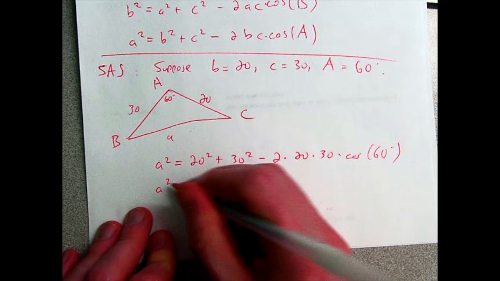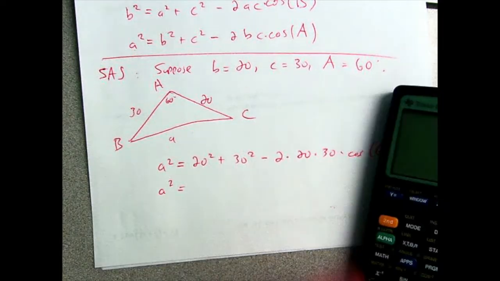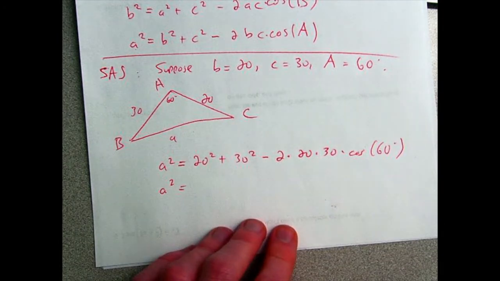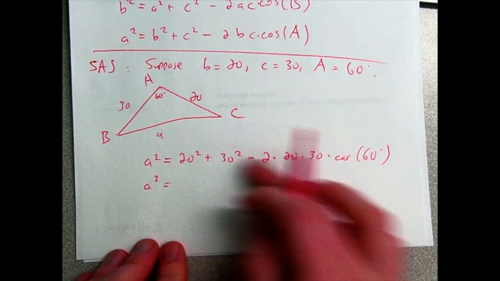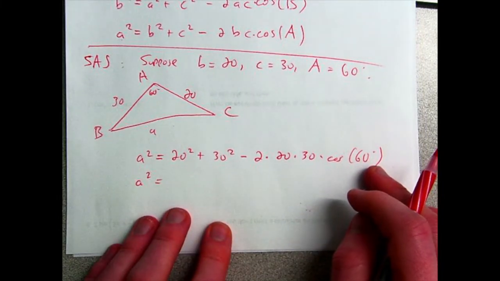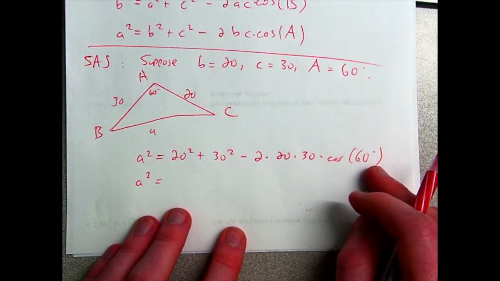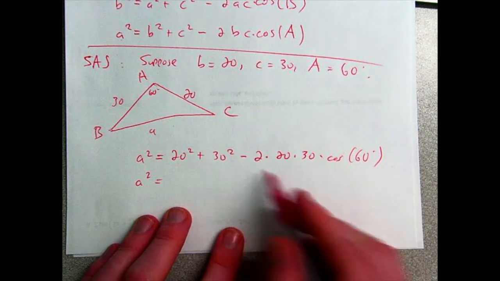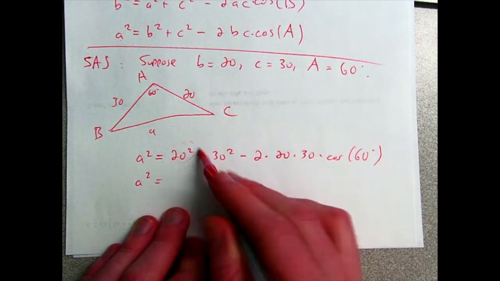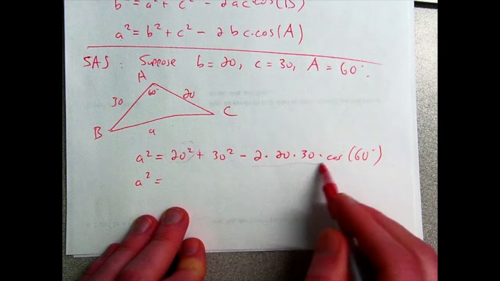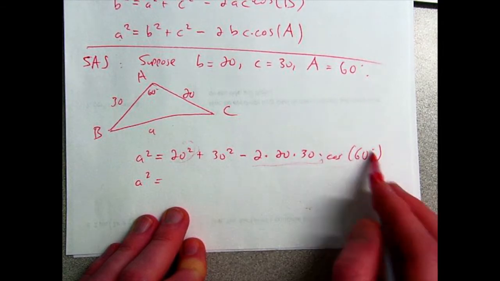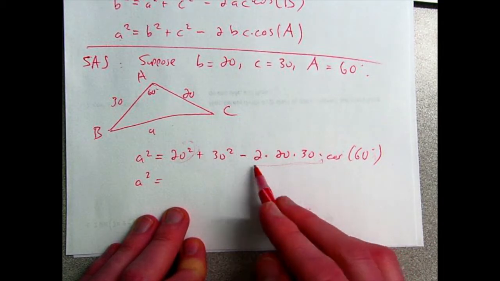And I just need to simplify this expression, and that'll give me a. So a squared is, let's see, what is all this? For one thing, when evaluating this right-hand side of the expression, remember your order of operations. You cannot combine the 20 squared and the 30 squared with this term here until you evaluate this whole thing first. Multiplication first, right?